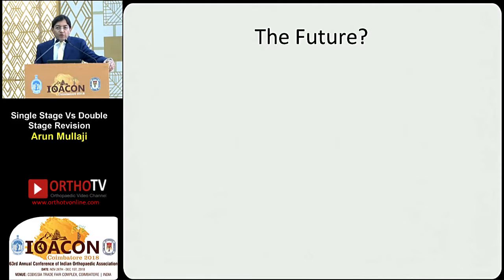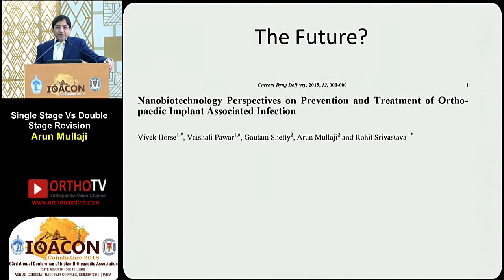And what about the future now? So one is several methods of diagnosis. So that's important, identifying the pathogen. A lot of research is being done, and Jay is spearheading a lot of this with the next generation sequencing. So that's in terms of identifying the bacteria. But perhaps nanobiotechnology may also be able to help in both prevention and the treatment of orthopedic implant-associated infection.